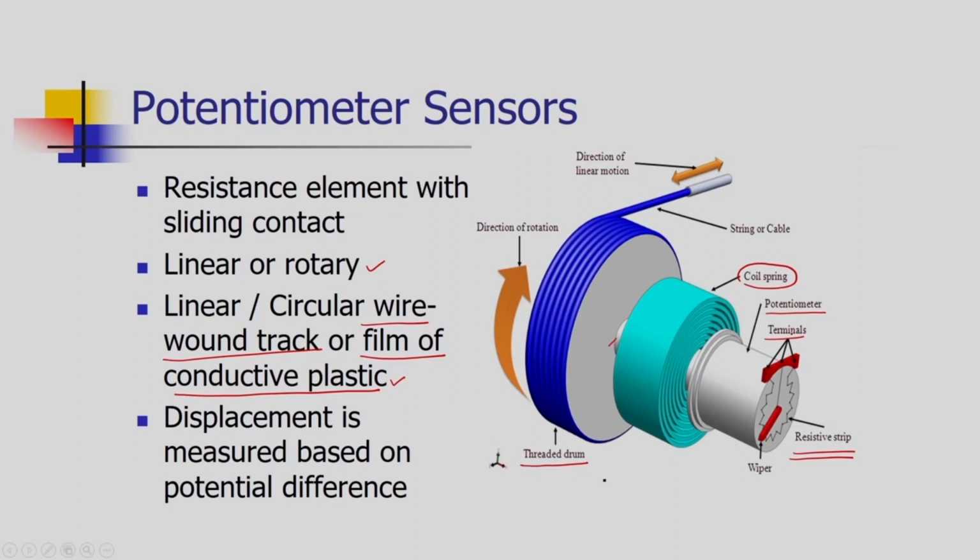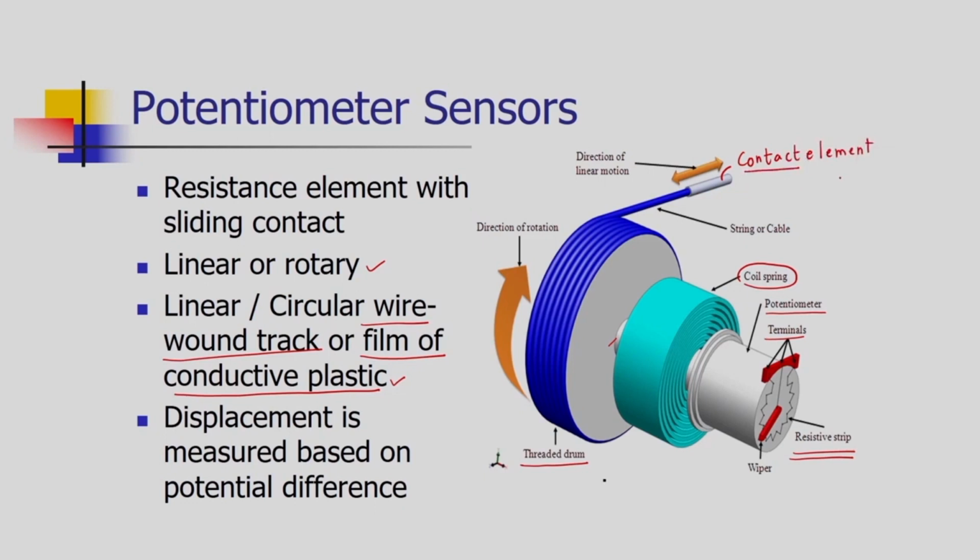The potentiometer sensor has a resistive strip and a wiper arrangement. There are 3 terminals; two terminals of the resistive strip are attached to the two ends of the wire. This is the pulling element or the contact element of this sensor.